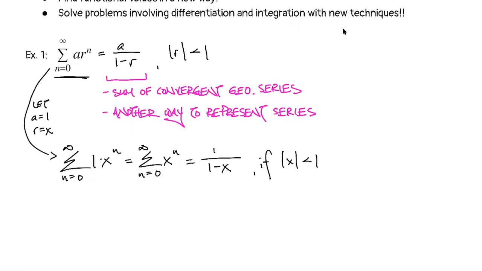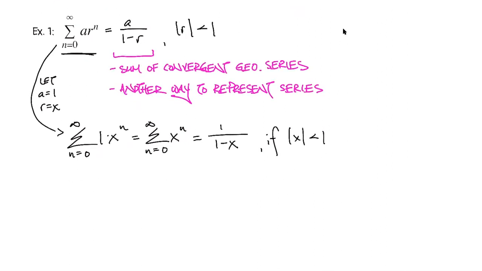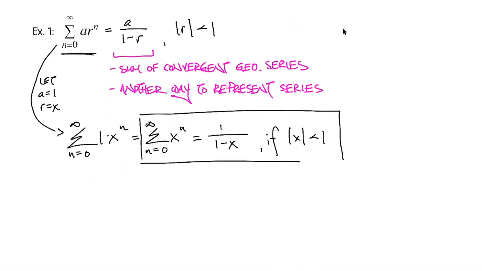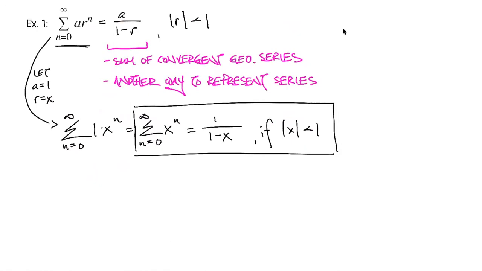All right, so here's what all of this means. All we've done is a simple substitution. We said a is 1 and r equals x, and then we were able to get this expression right here. Let's unpack in words what we found.